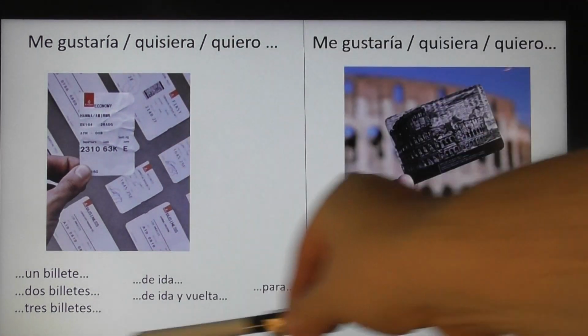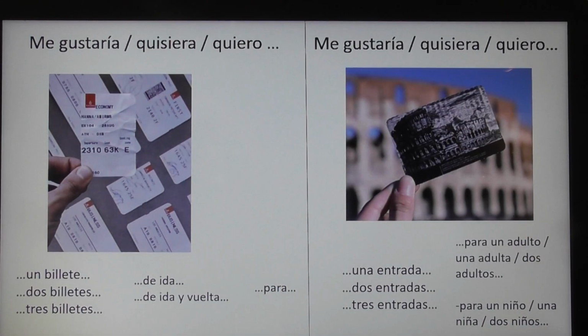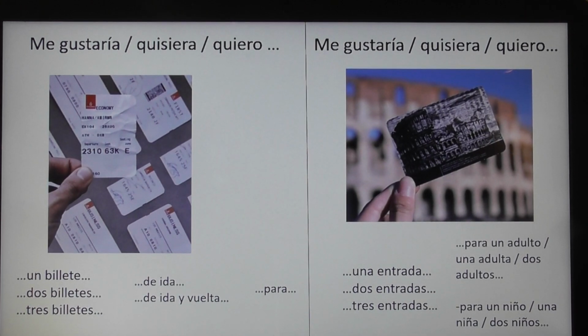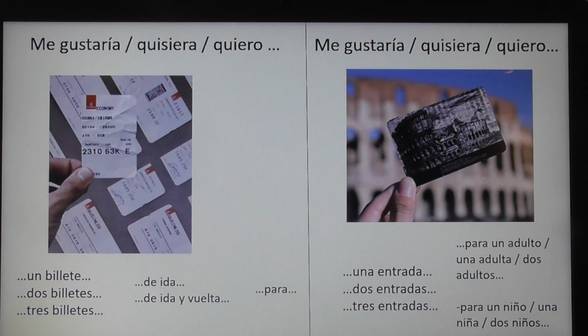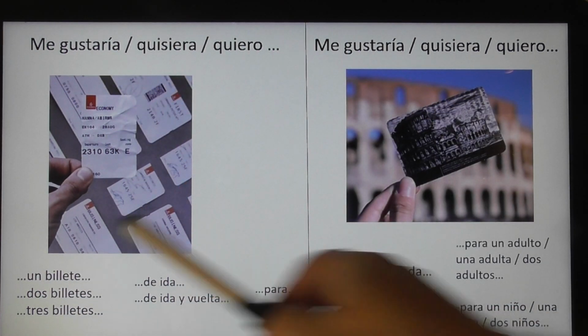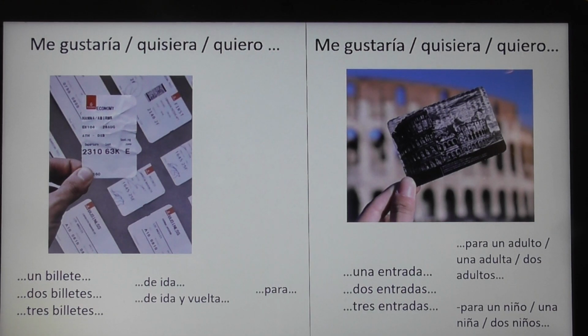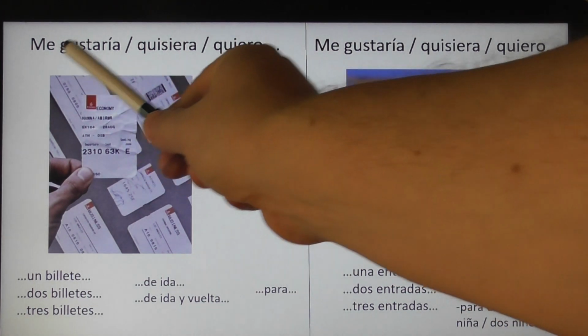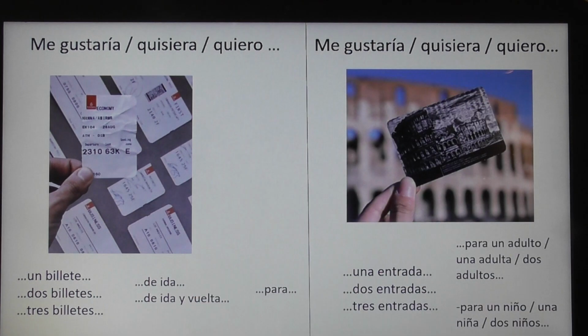Vamos, usamos este lado, ¿cómo se dice en español? I would like a ticket. Me gustaría o quisiera un billete. ¿Cómo se dice en español? I would like 3 tickets. Me gustaría o quisiera 3 billetes. I want a single ticket.